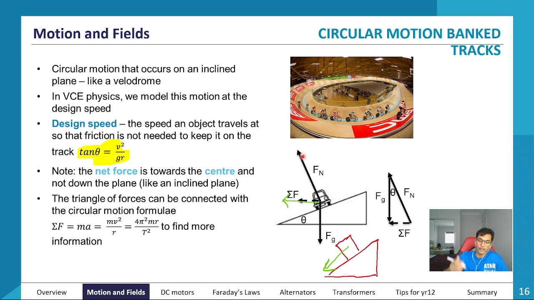With that, you can connect up the triangle like this. If this is FG, you can connect up the triangle, and then you can solve for any of the other variables if you have at least two of the values.